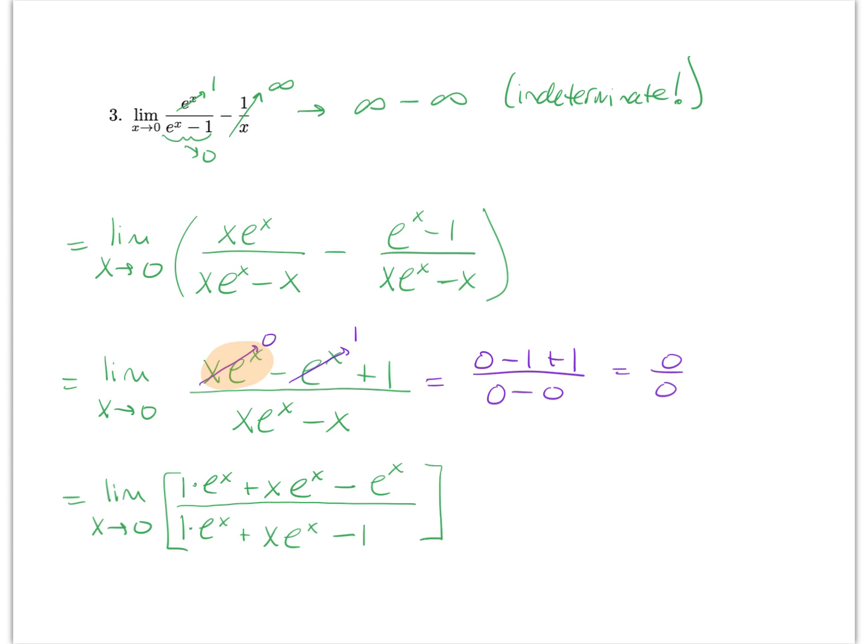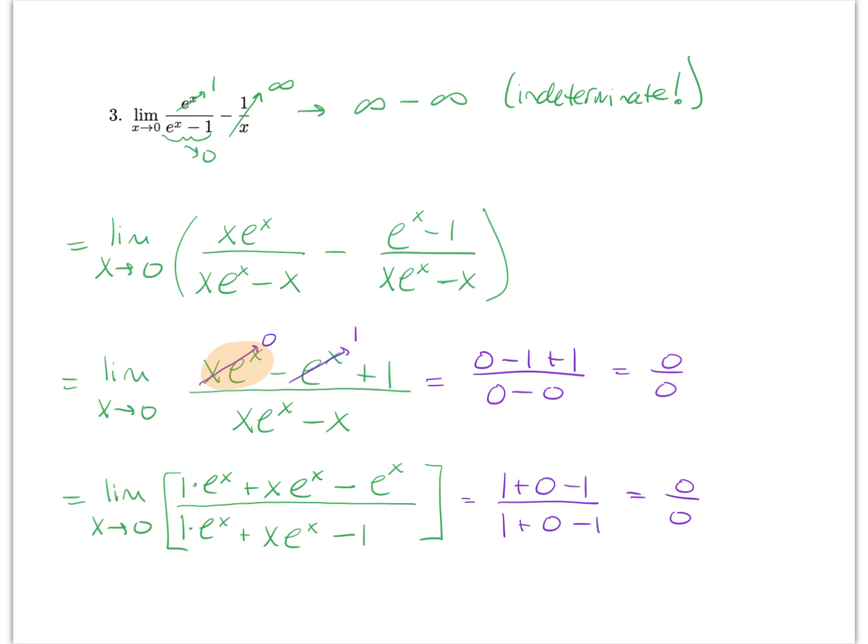And now if I plug in x equals 0, I'm going to have 1 plus 0 minus 1, which is 0. And then in the denominator, I have 1 plus 0 minus 1, which is 0 over 0 again.